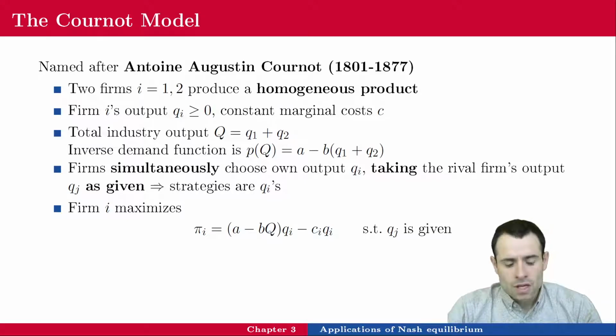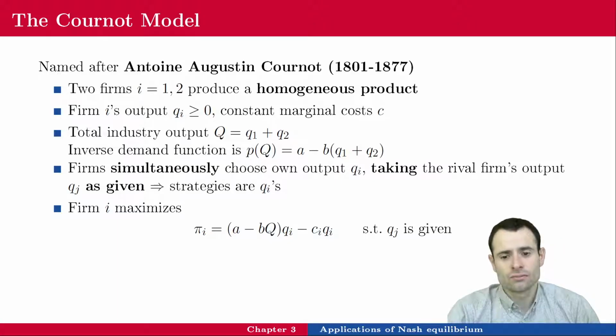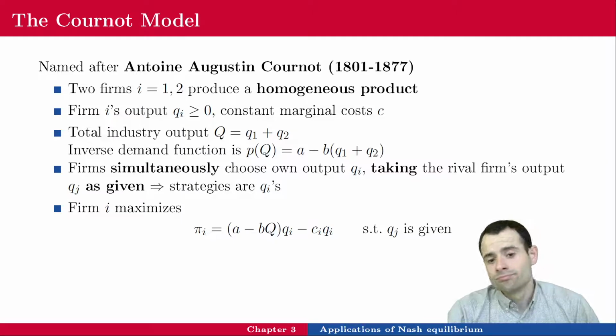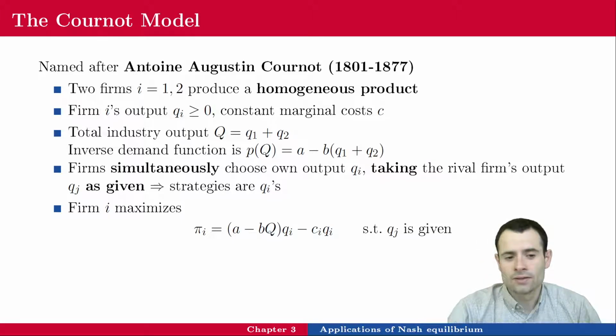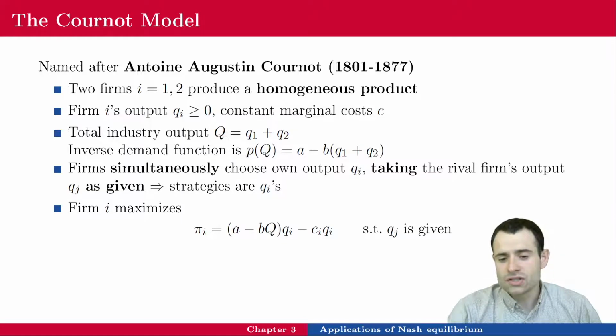Firm i is going to maximize its own profit, pi i. Pi i will depend on qi only, because everything else is taken as a constant. So, it's going to be price times quantity, a minus b times big Q, that's the demand function, times the quantity that firm i is going to sell, minus the cost of producing a quantity qi.